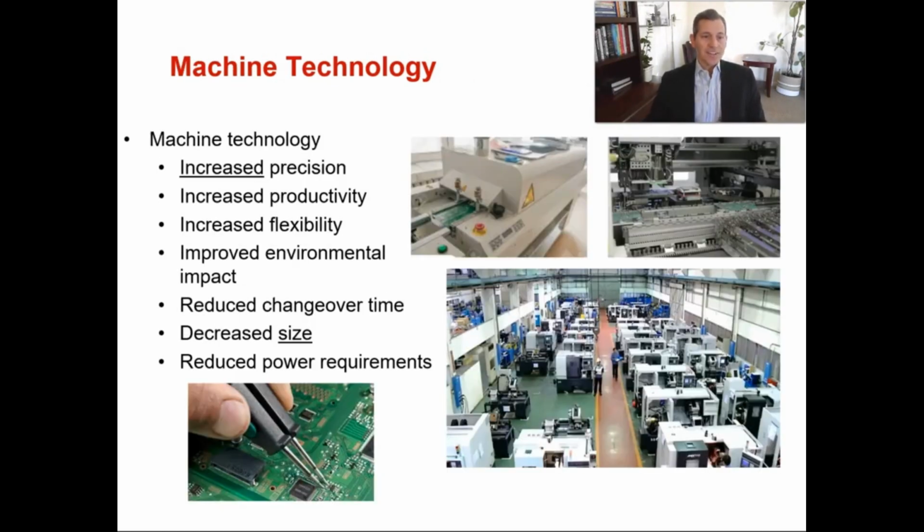So the first one is just machine technology, capital equipment, different things that are out there to help us do our jobs. And machine technology comes into play a lot in manufacturing. So what I've shown on the screen is you can see these top right three pictures are all printed circuit board assembly machines. These are the pieces of equipment that I've spent the most of my manufacturing career surrounded by.